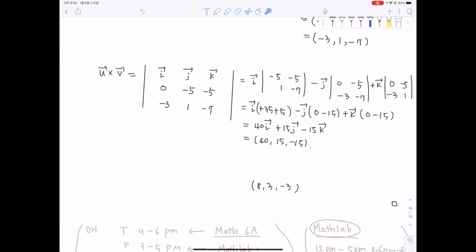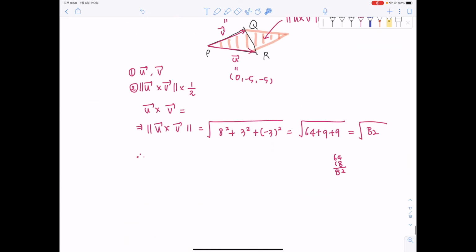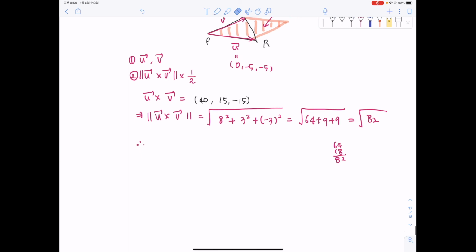So 40, 50, -50. Sorry about that. 40, 50, -50 here. So we get 40 squared, minus 50 squares, right?